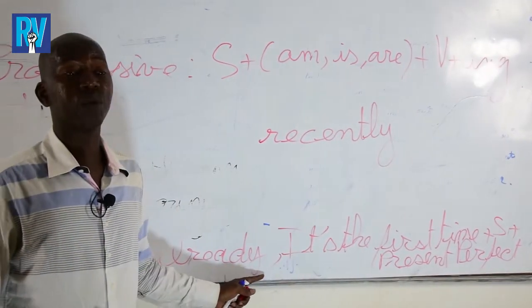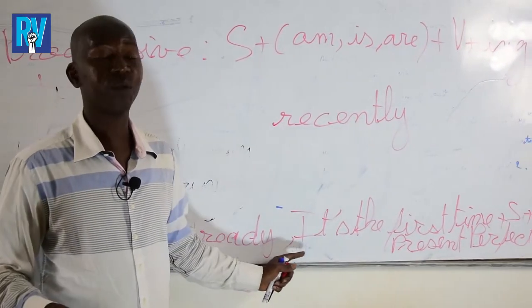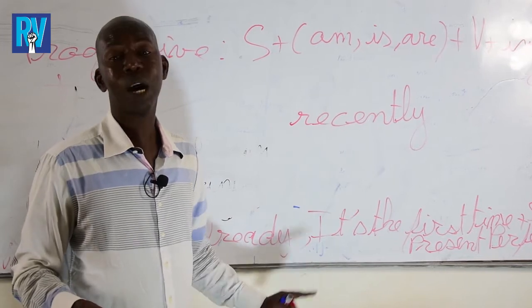And we have some time markers also. Les marqueurs de temps, ça vous aide, hein? Pour les élèves, ça vous aide d'identifier le temps. Vous les trouvez dans la phrase et vous dites, ah tiens, voilà le temps que je dois mettre.